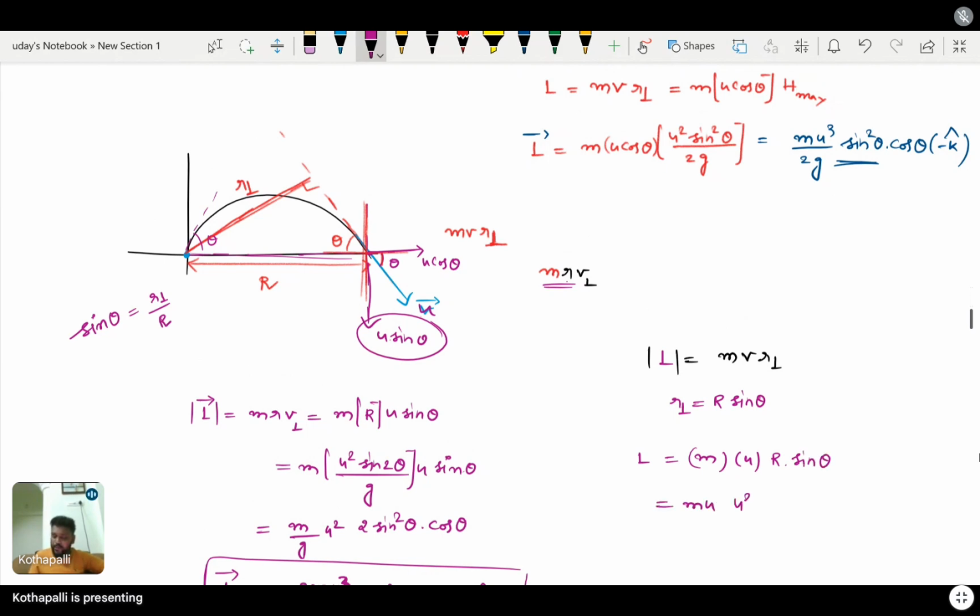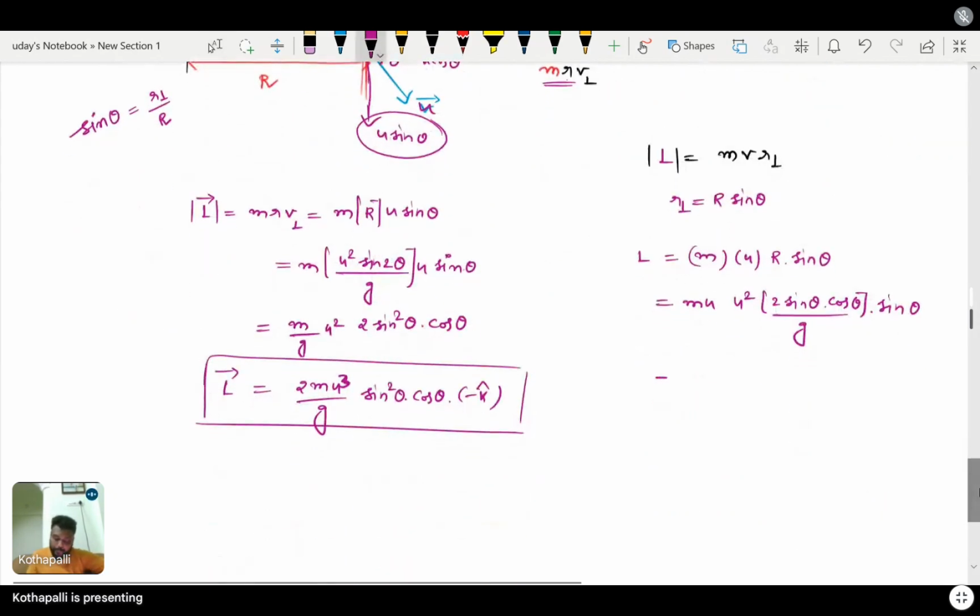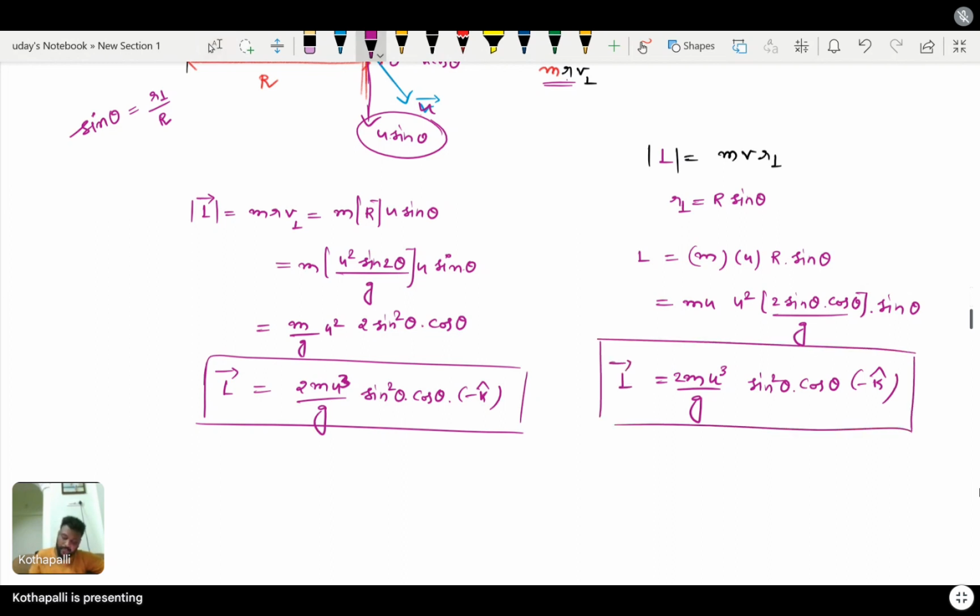Again, you can write M U, and R is U square sin 2 theta, which I am writing as 2 sin theta cos theta by G, into sin theta. So it will be M U into U square, U cube into 2 by G, sin into sin, sin square theta into cos theta. Clockwise direction, minus k. Isn't it the same? Yes, both are the same.